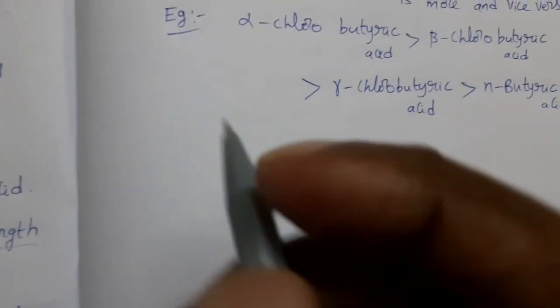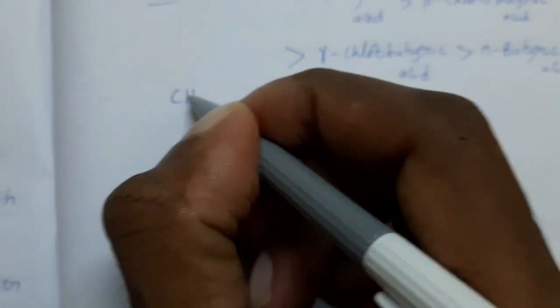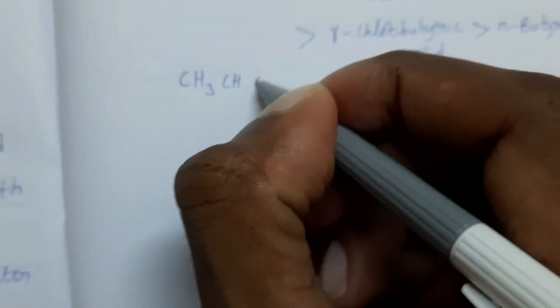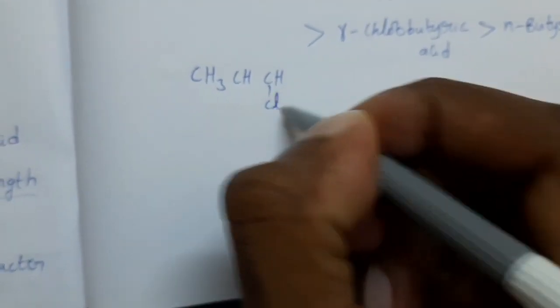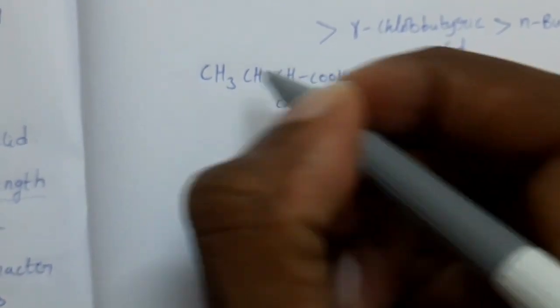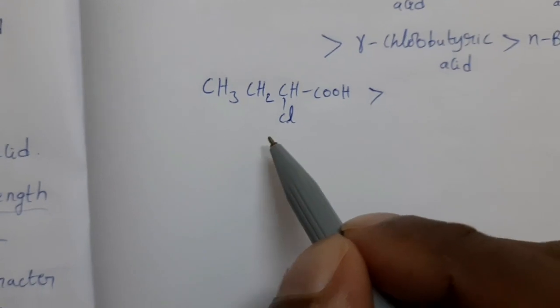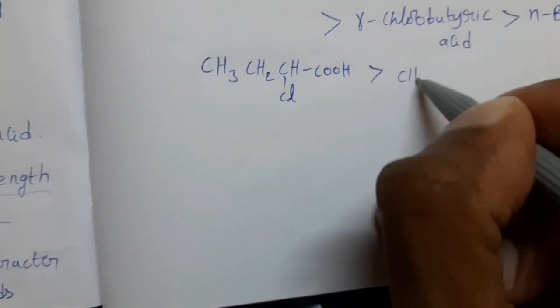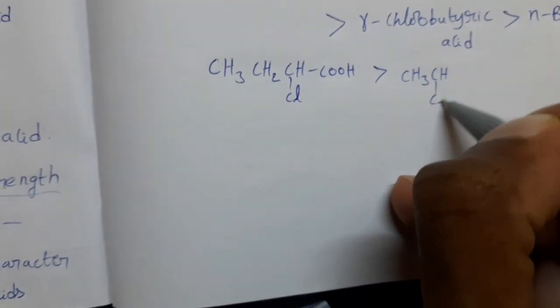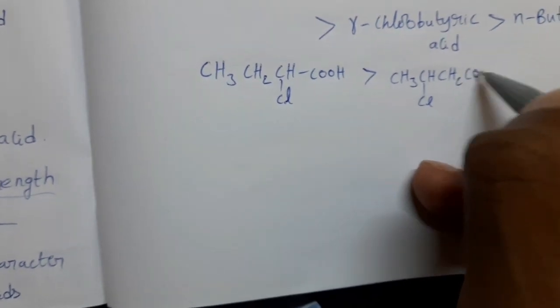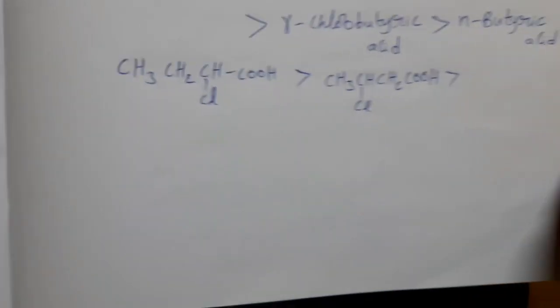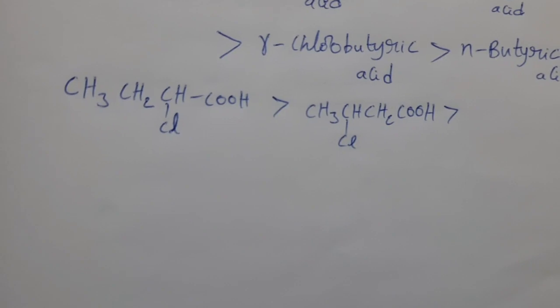See here, CH3. This is alpha chlorobutyric acid. Next, beta chlorobutyric acid.